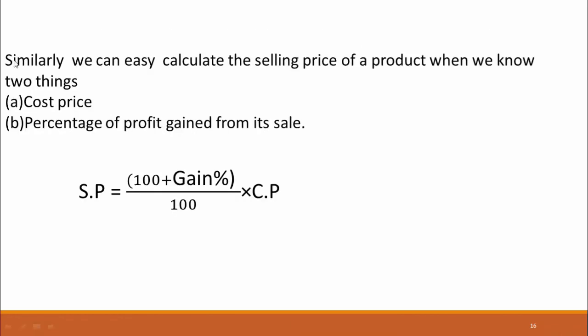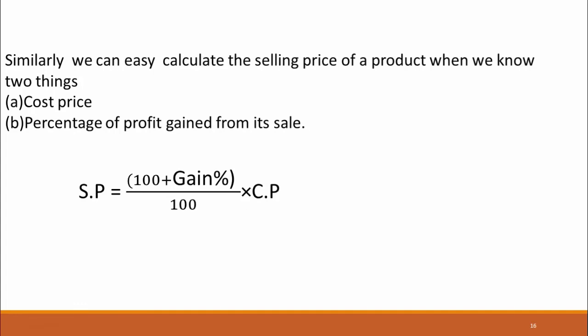Now similarly, we can easily calculate the selling price of a product when we know two things: the cost price and percentage of the profit gain from its sale. So the selling price is equal to 100 plus gain percent divided by 100 multiplied by cost price.